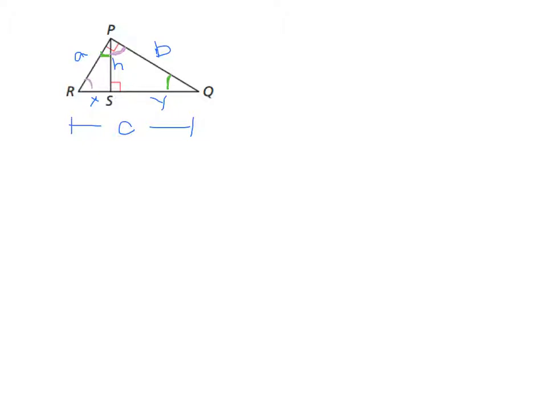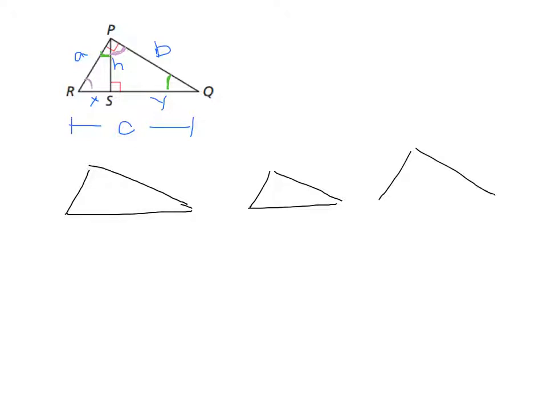Now that I have my angles marked, it helps me, at least, I don't know about you, but it helps me see the triangles that we are going to be looking at. So I'm going to draw out all three of those triangles, and then label them appropriately. I'm writing them in the same orientation because that helps me see how they relate to each other.